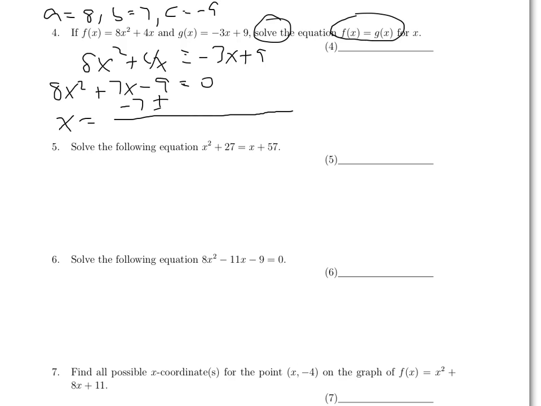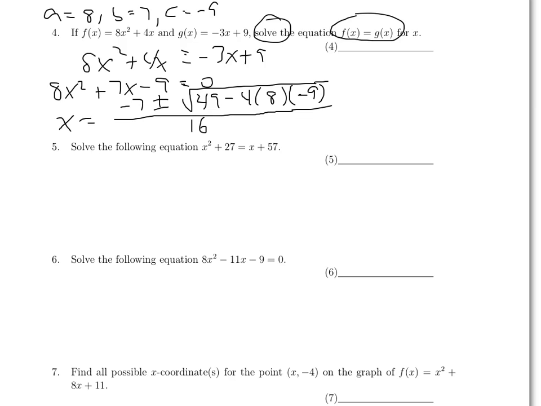So negative 7 plus or minus the square root of b squared, which is 49, minus 4 times a times c. So that's what the numerator of the quadratic formula looks like, and then it's divided by 2a. So here a is 8, so divided by 16.